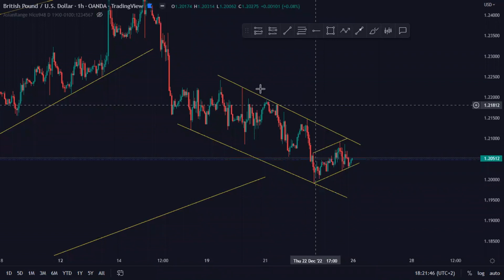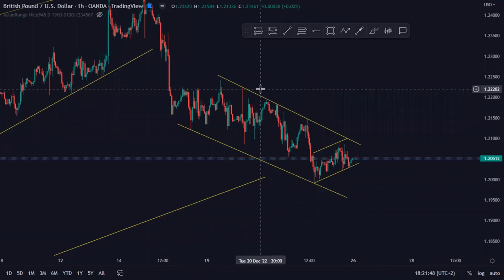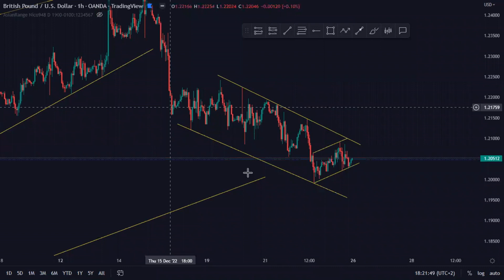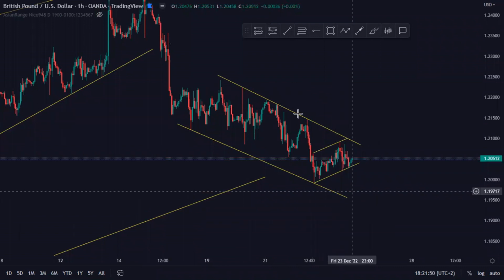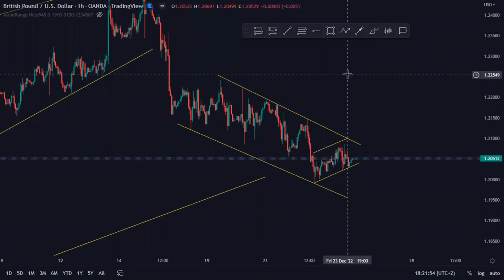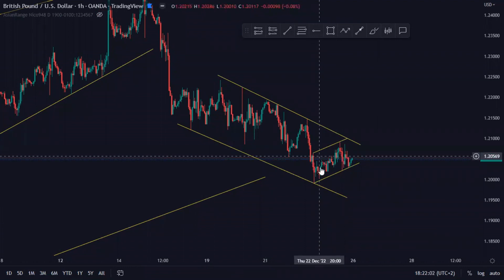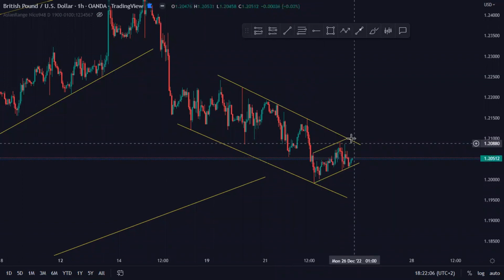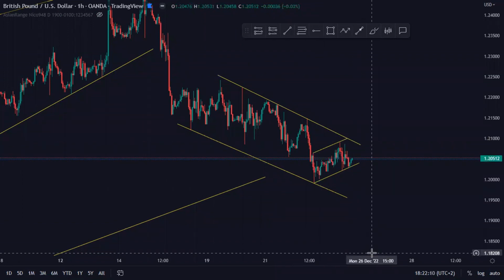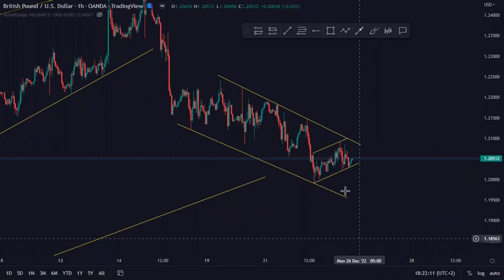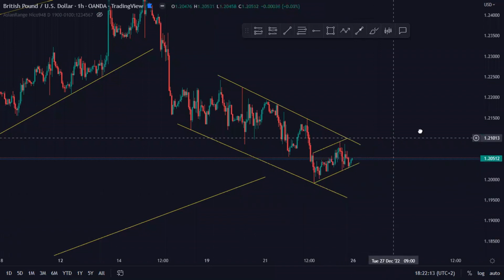Since here it's giving us this falling channel, saying that price is going to go up, but the last section does not align with the whole structure. Why? Because it has this correction to the upside, showing us that we are going to continue downwards. Hence that's why it's called a running channel.